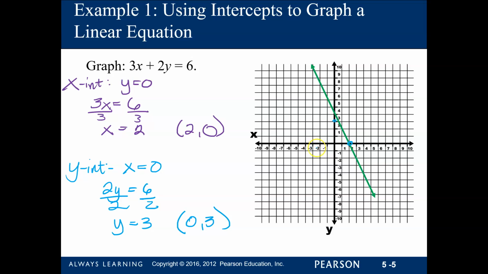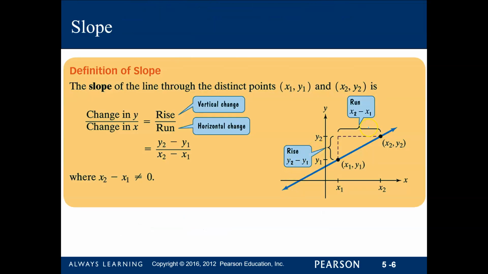When we talk about slope, typically what you remember is the rise over run. The reason it's easily remembered as rise over run is because rise represents the change in y, so you get the difference between the y values of the 2 points. Run is the movement horizontally, so that's the change in the x values.